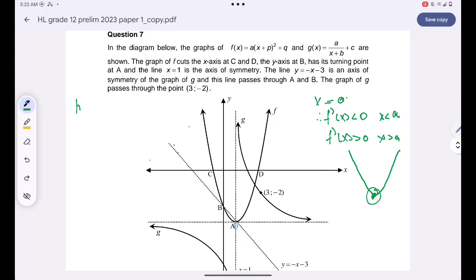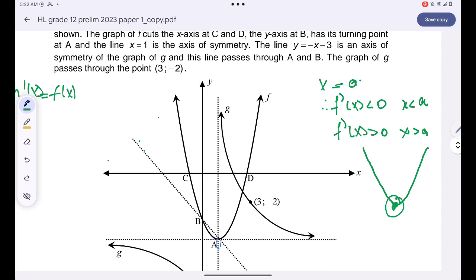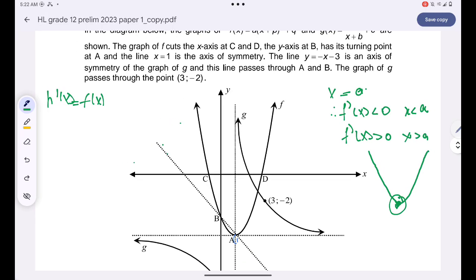Because h prime of x is equal to f of x, right? Over here, guys, whenever the graph is decreasing, that simply means it's moving in a negative direction. So the only way whereby f of x is negative is when f of x is below the x-axis, guys.